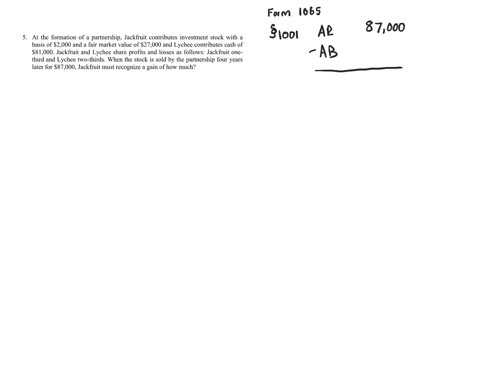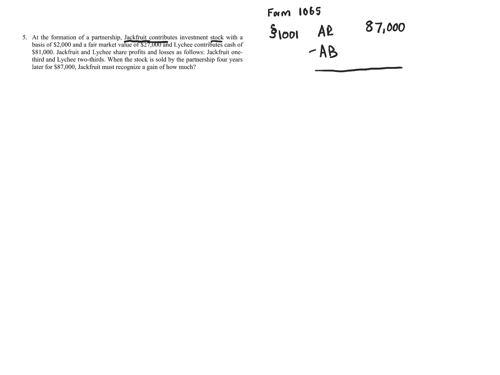When Jackfruit contributed the stock to the partnership, no gain or loss was recognized by Jackfruit or the partnership, because Jackfruit was receiving an interest in the partnership and giving up property, so none of them had gain or loss.